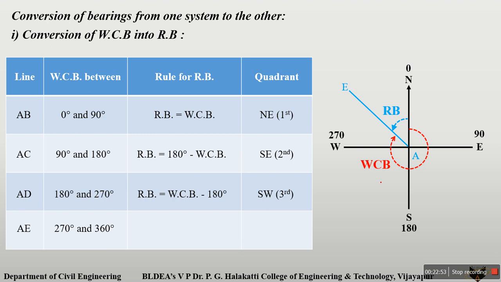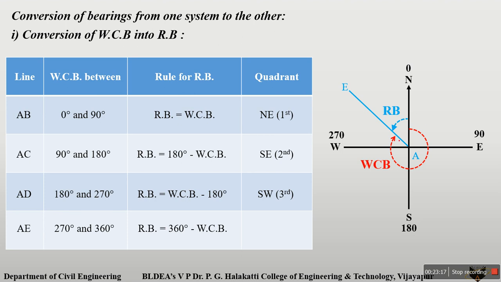So here we have to calculate the RB value. The RB formula: directly we can take RB is equal to 360 degrees minus the WCB value. One rotation is 360 degrees, so we are calculating this much value here.